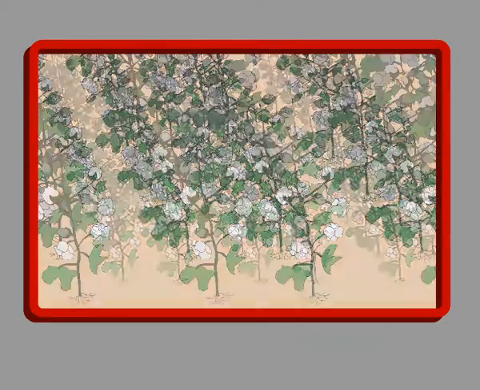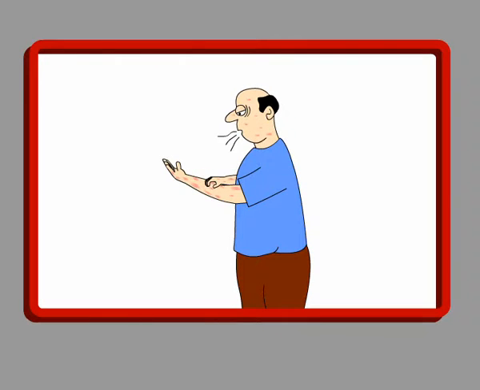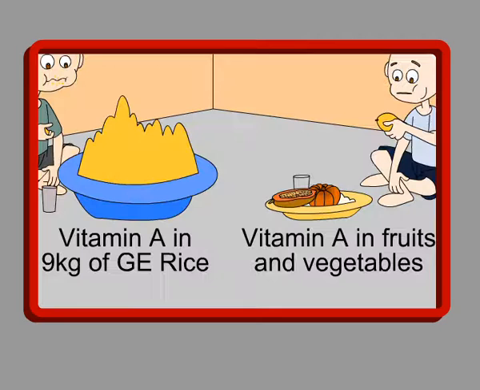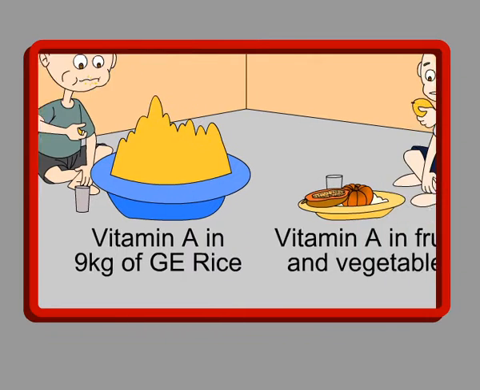Farmers growing GE cotton and workers handling GE cotton in India reported symptoms like itching, redness, swelling, and excessive sneezing. Companies are also trying to commercialize a GE rice called golden rice, which is supposed to be fortified with vitamin A.